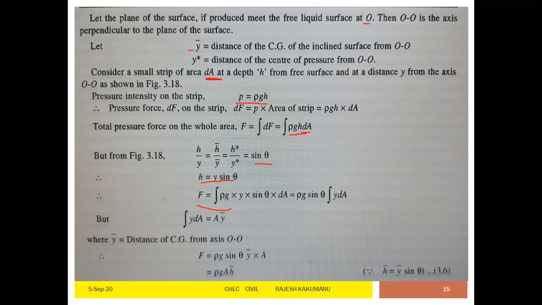That implies taking rho g sine theta outside, we have the integral of y dA. Therefore the integral of y dA equals A into y dash.